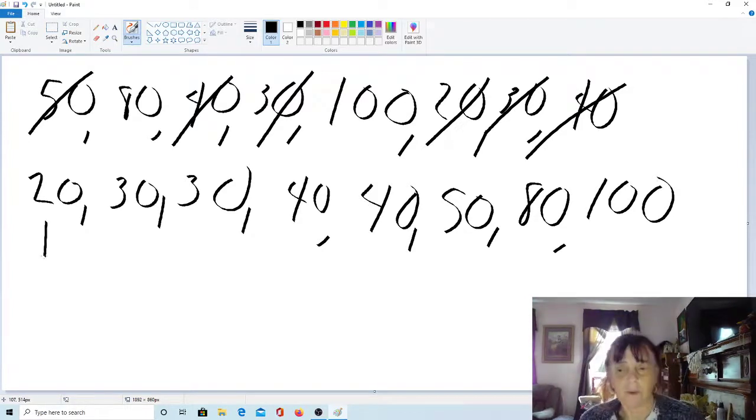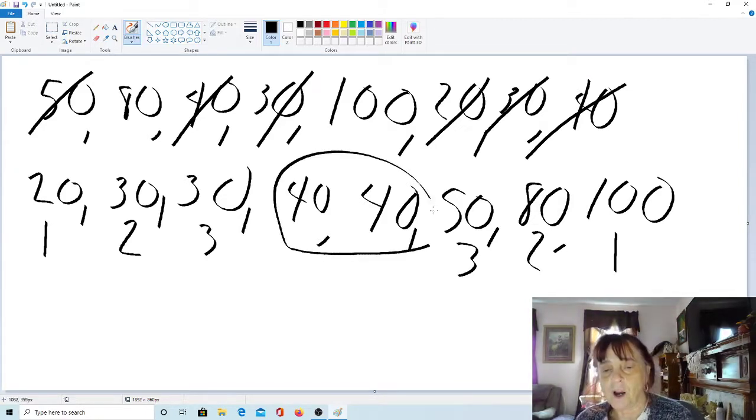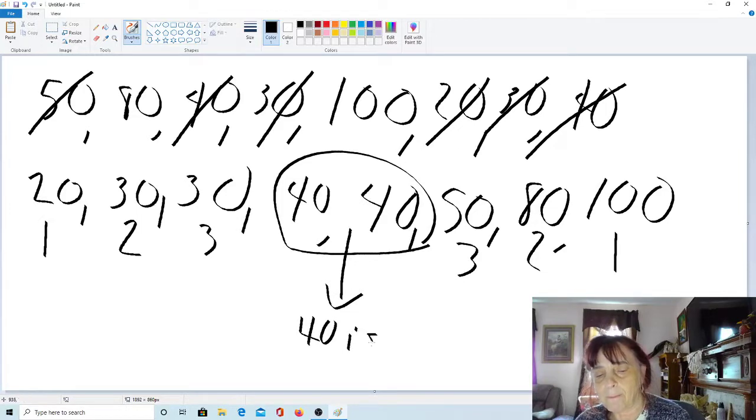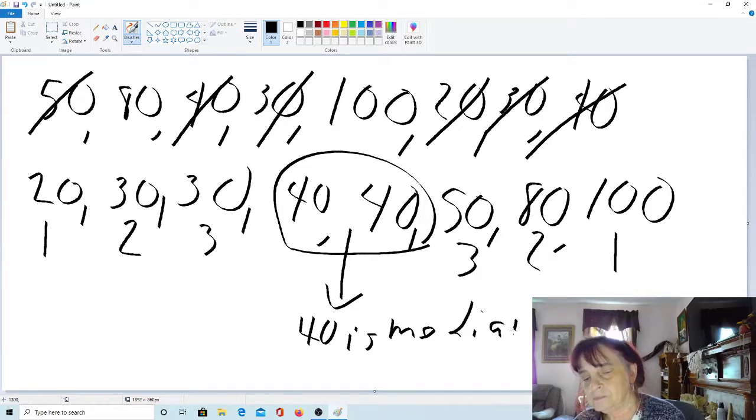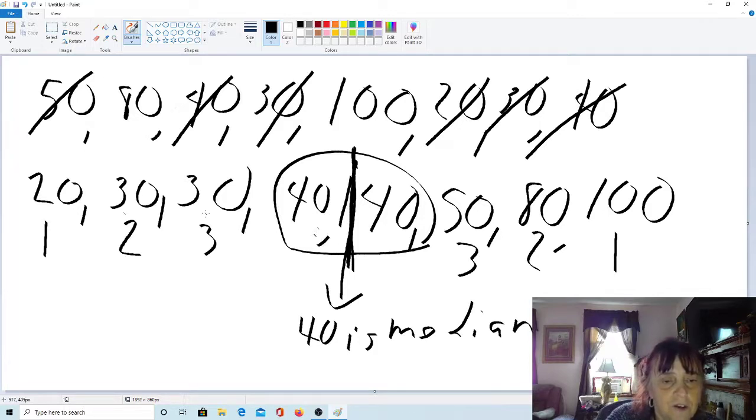Now, what's our middle number? Okay, so you have two 40s, 40 and 40 is 80. 80 divided by 2 is 40. So our median is 40. And here's our first set of data, so it divides into equal parts. You have this group of data here, which is 40, 30, 30, 40.